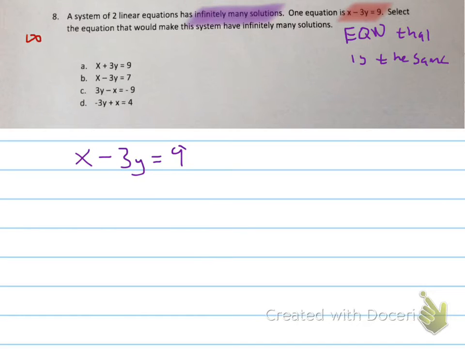One equation that's the same would be this. If I took this and multiplied it all by 2, the new equation, and I'll rewrite it down here, is 2x minus 6y equals 18.